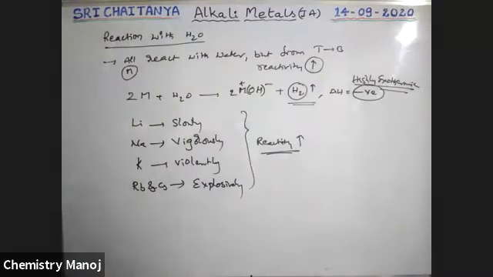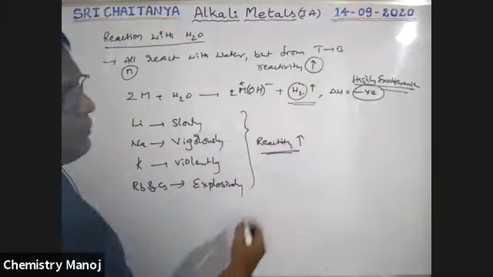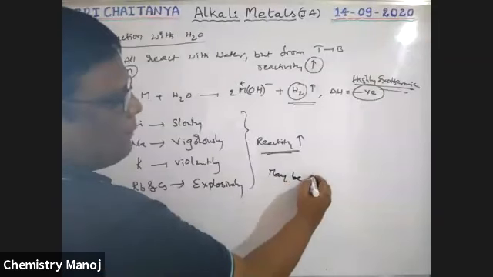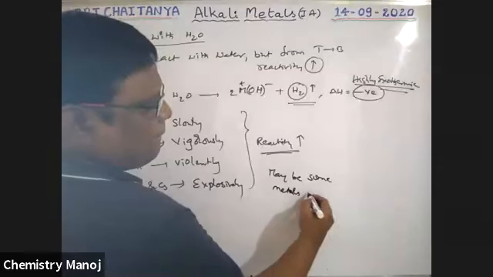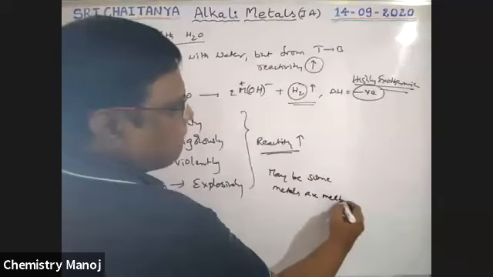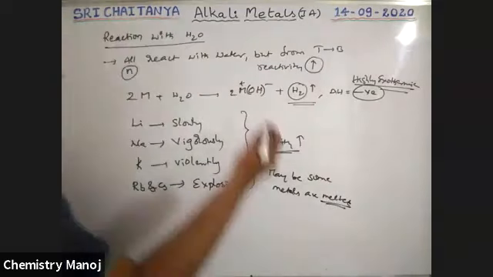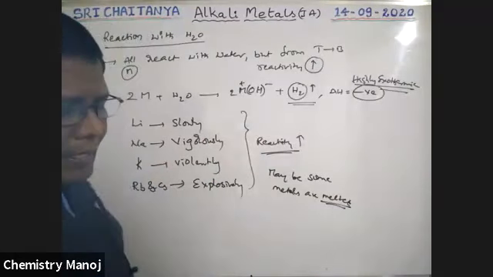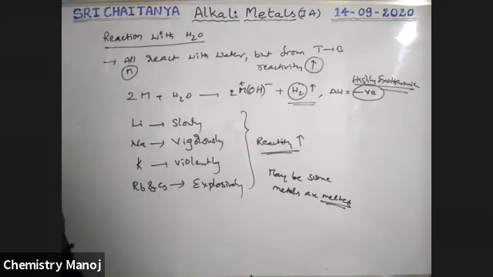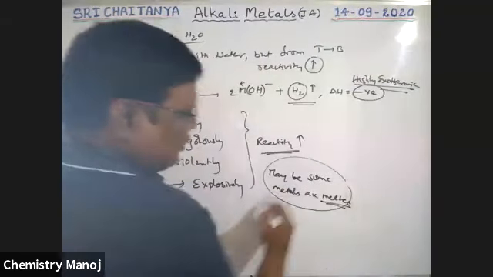Okay. Next one. The released heat energy may melt some metals, because that heat energy is more than the melting point of these metals. Because of this, sodium melted.